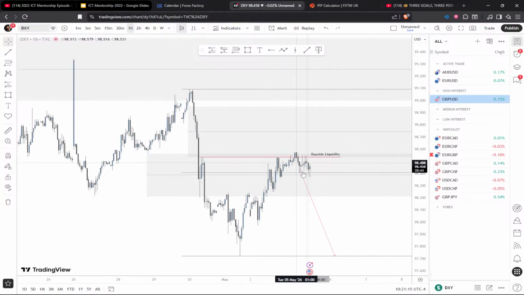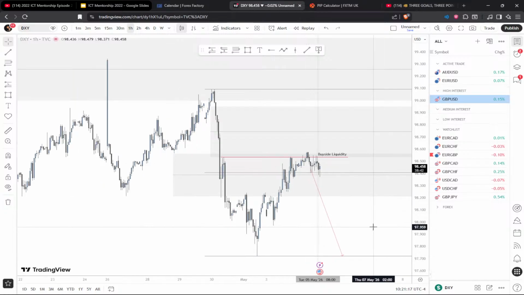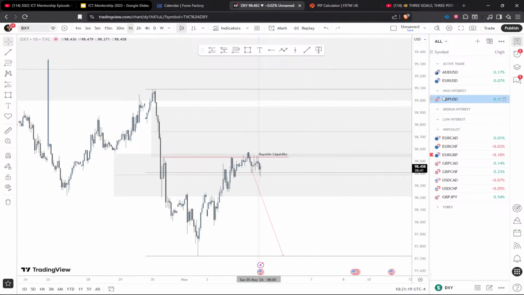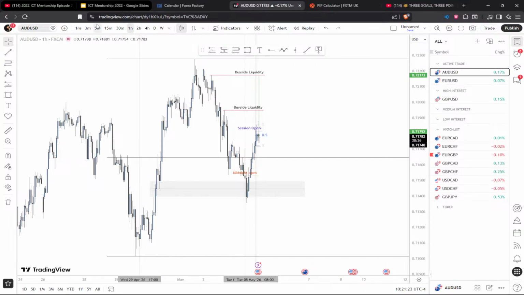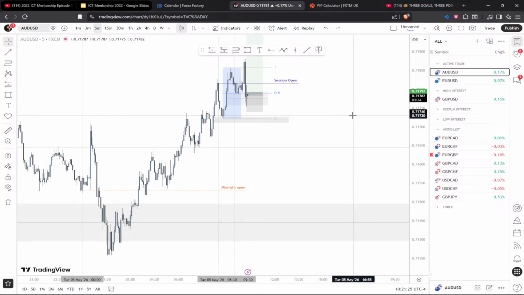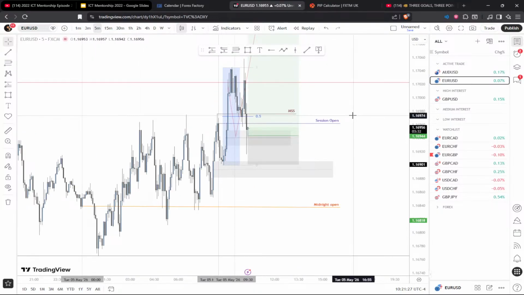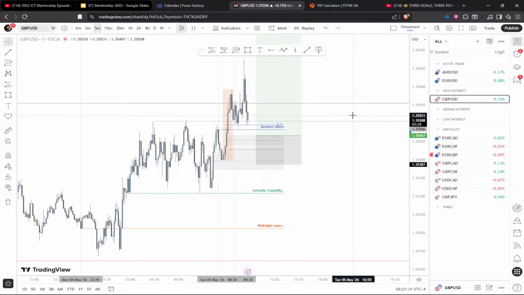It's not clear what DXY wants to do, but we're gonna have to trust the bias. Might be an afternoon session delivery for New York. Be interesting. We're in bias, we're in the AUD/USD and EUR/USD as our two pairs. We are currently monitoring GU for entry purposes, and we'll see.